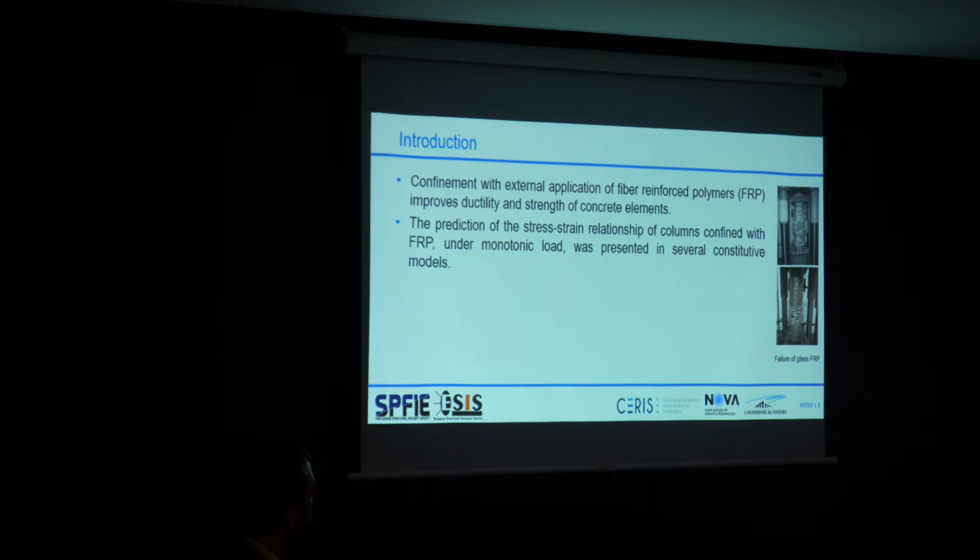The prediction of the stress-strain relationship of columns confined with FRP under monotonic load was presented in several constitutive models. However, few models can be applied to square and rectangular cross-section columns, and even fewer give good results predicting the strain of the FRP.